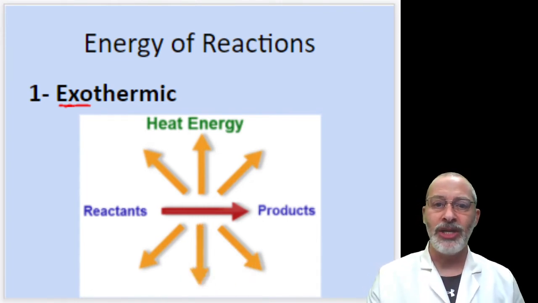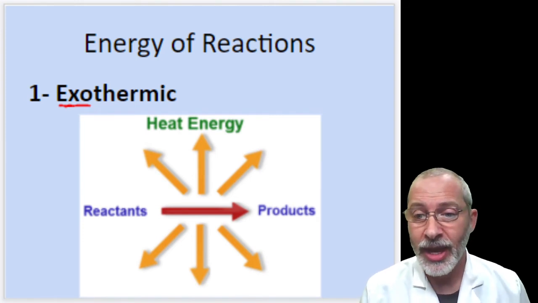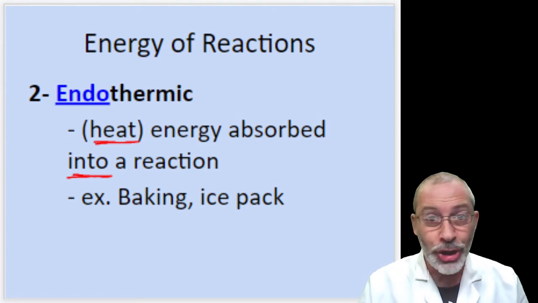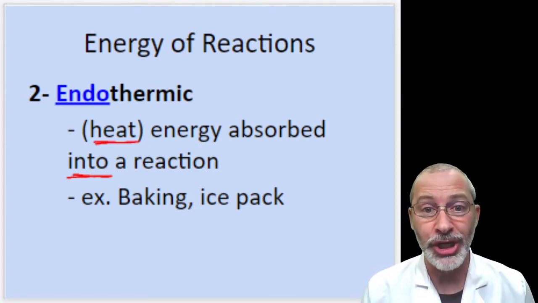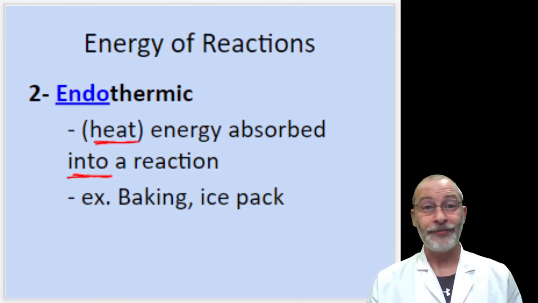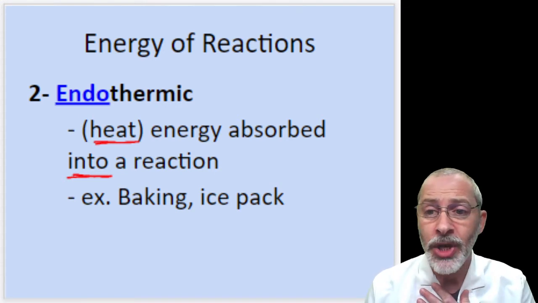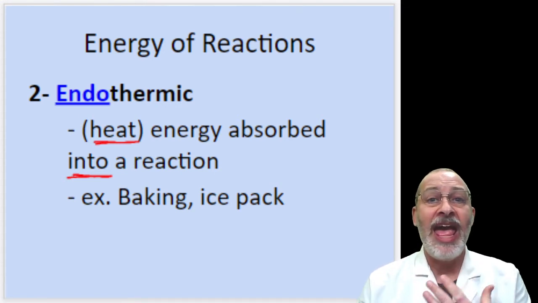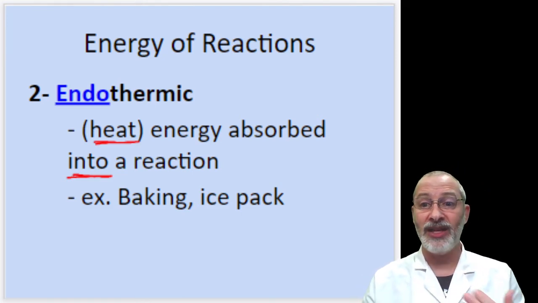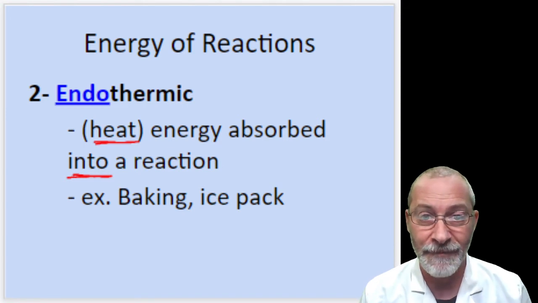Heat energy is released. That brings us to the second type of change in heat energy, and it's called an endothermic reaction. We as humans have an endoskeleton. Our endoskeleton is the skeleton on the inside of us.